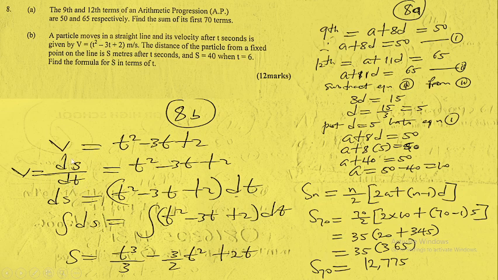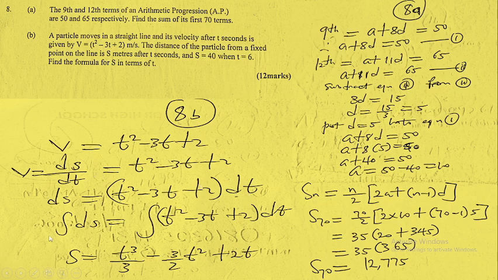And that's what we are having here: this velocity is the same as ds/dt, which is distance over time. Then from there, if you cross multiply, that means we have s is equal to t squared minus 3t plus 2, everything into dt.